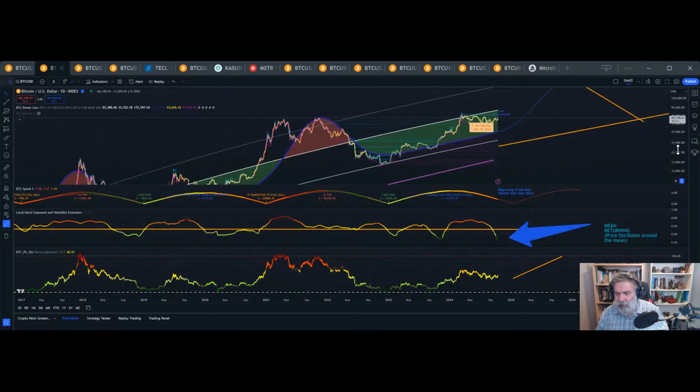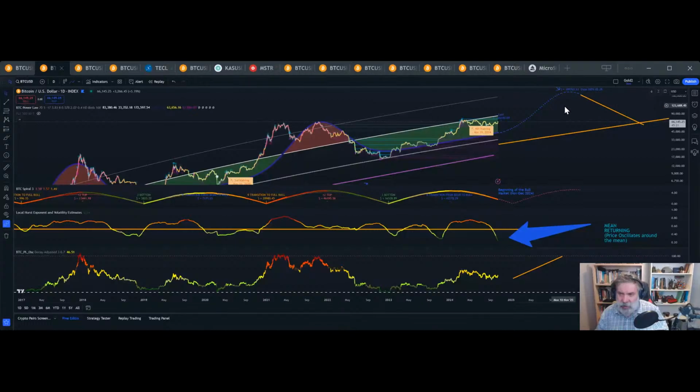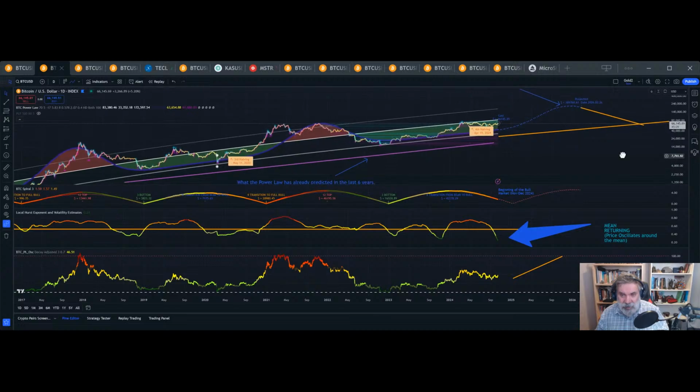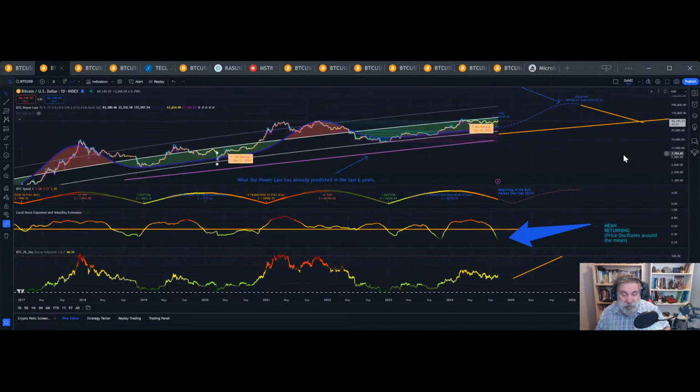It also has a projection like the other one, telling us where the top is going to be. So it's just a simplification of the other. This is usually the one that I keep open on my screen, because the other one is cool, but I use it mostly to find support and resistance levels. But I like the simplicity of this one.